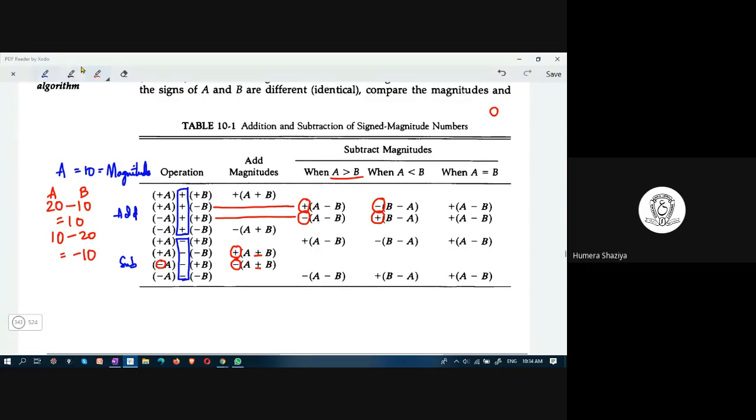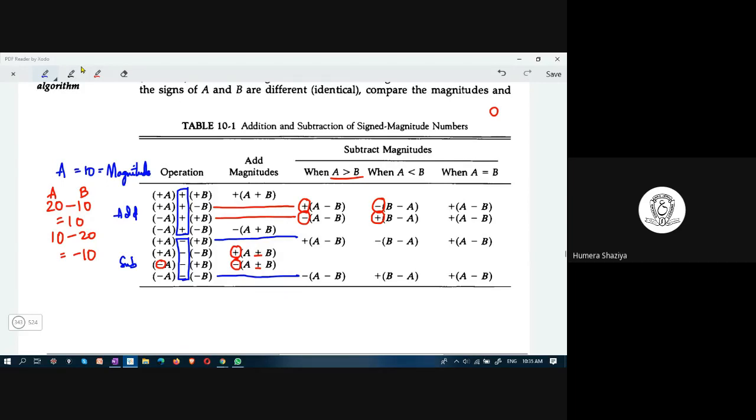Now consider these blue lines. Here, although the operation specified is subtraction, we are performing subtraction, but then we have to consider what will be the sign of the difference, the result.